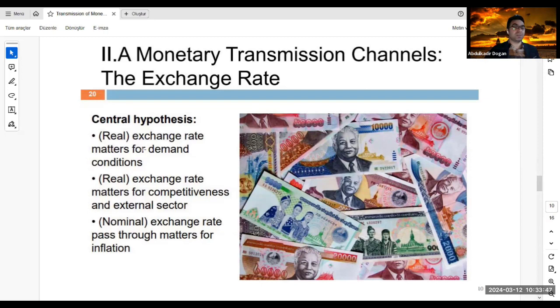The real exchange rate matters for demand formation, meaning that the real exchange rate in the market will directly affect demand in the domestic economy. And the real exchange rate also matters for the competitiveness of the external sector. Let's give a specific example, the South African rand. Let's say today $1 is 20 South African rand.